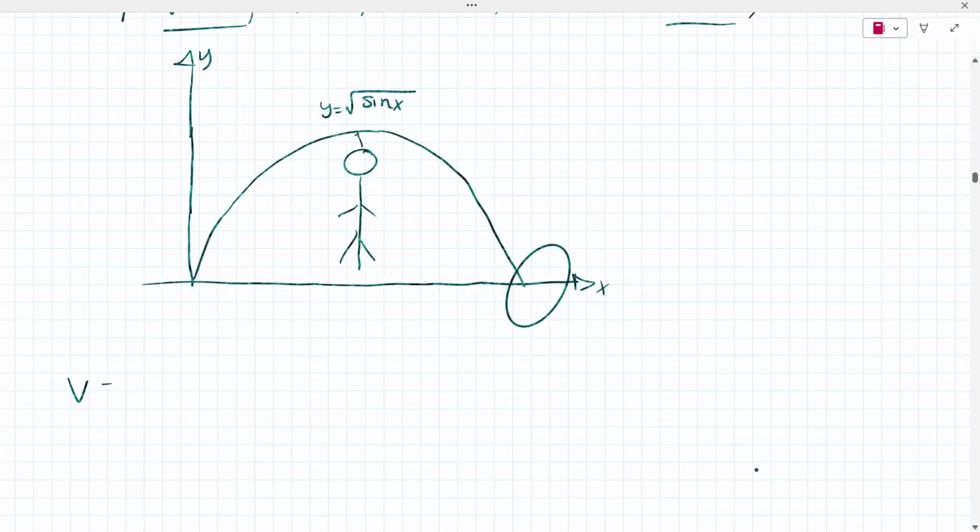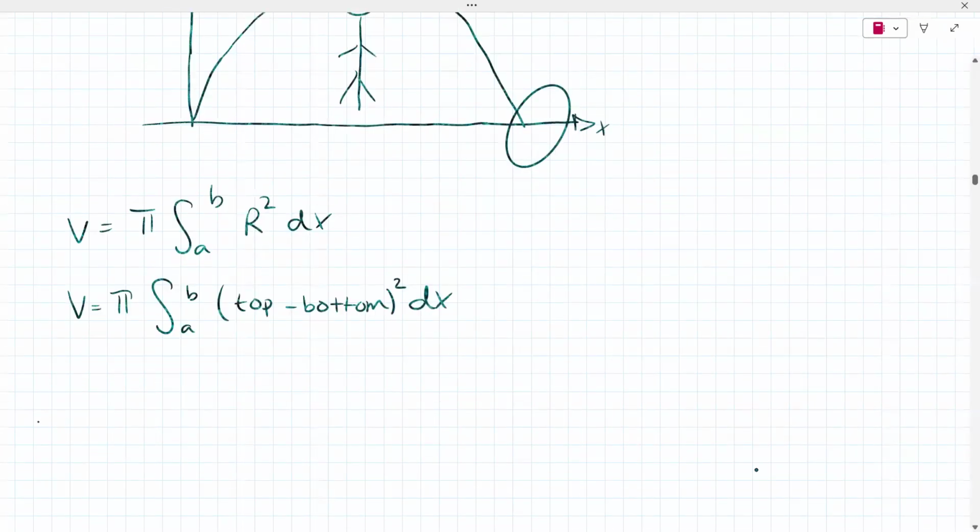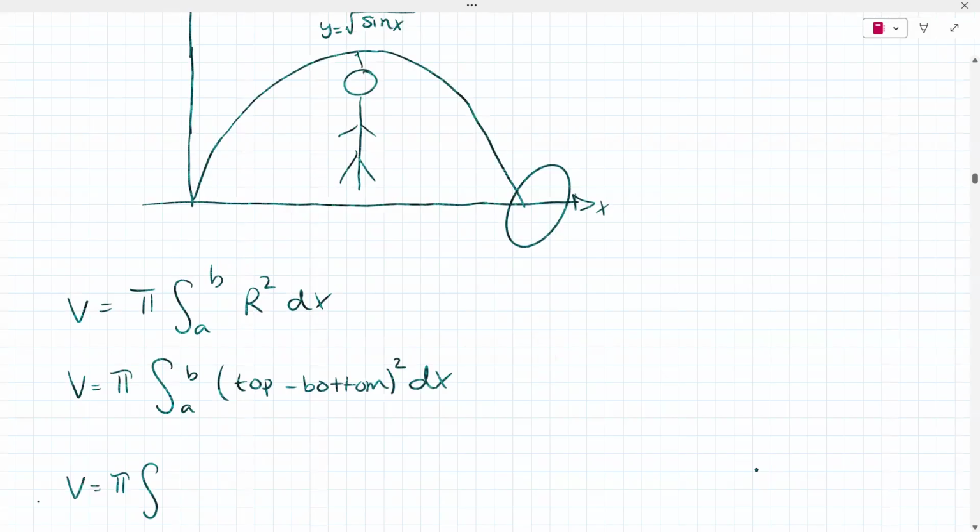We're going to use V equals pi times the integral from a to b of r squared dx. And then we're going from top to bottom, top minus bottom, squared dx. It's going to be V equals pi. And then what's our a and b? I think our lower boundary is 0, right?